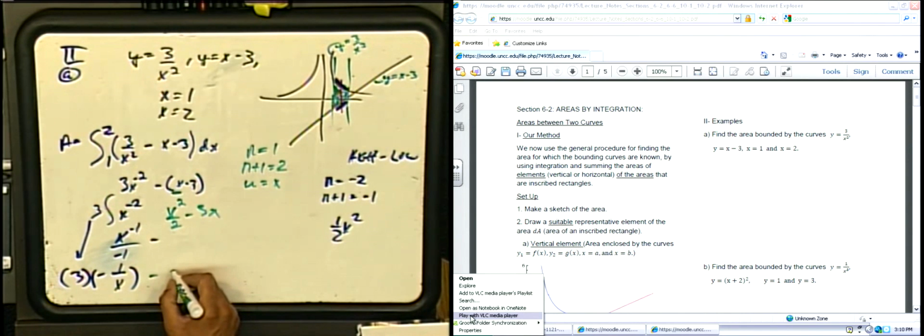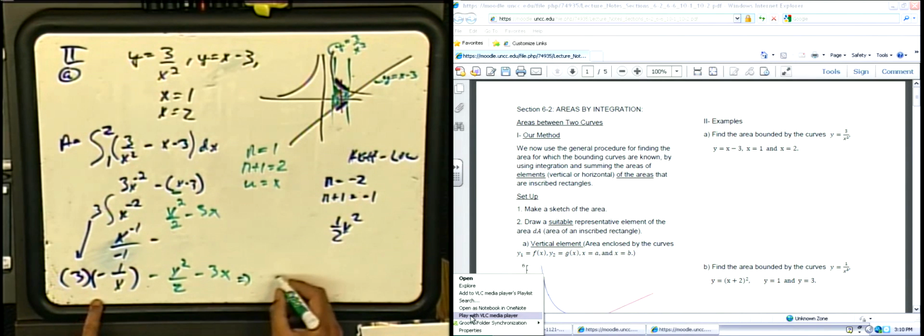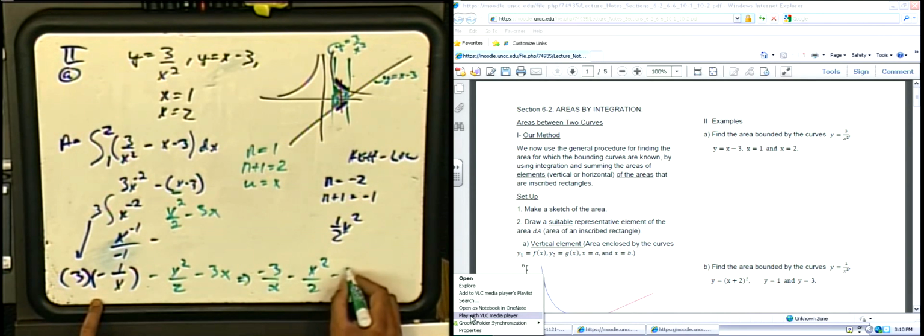Minus x squared over 2 minus 3x. Simplify. Negative 3 over x minus x squared divided by 2 minus 3x.